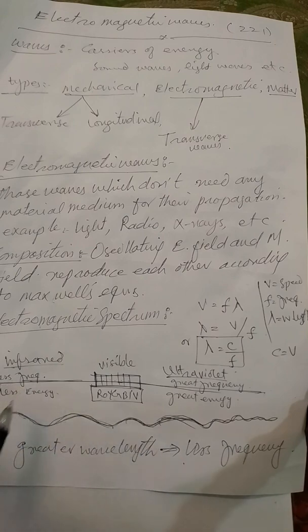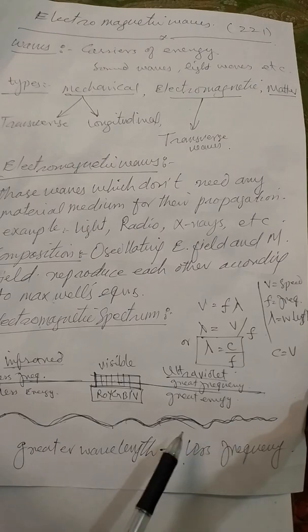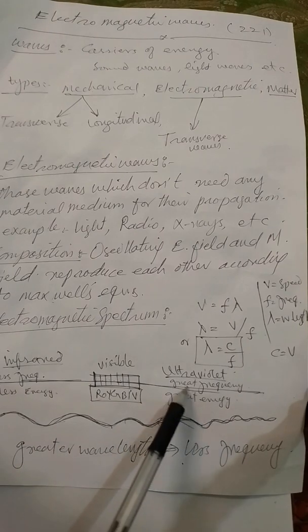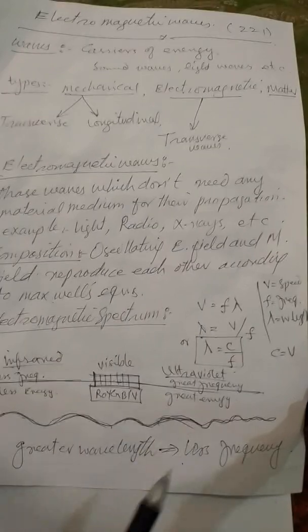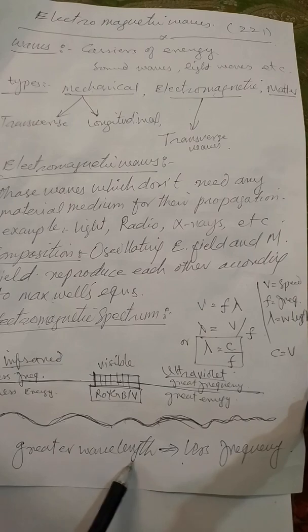And lesser frequency represents lesser energy. As we move to the right side towards the visible light and further to the ultraviolet region, the wavelength decreases, frequency increases, and energy increases accordingly. So greater wavelength gives us less frequency, and less frequency gives us the concept of less energy.